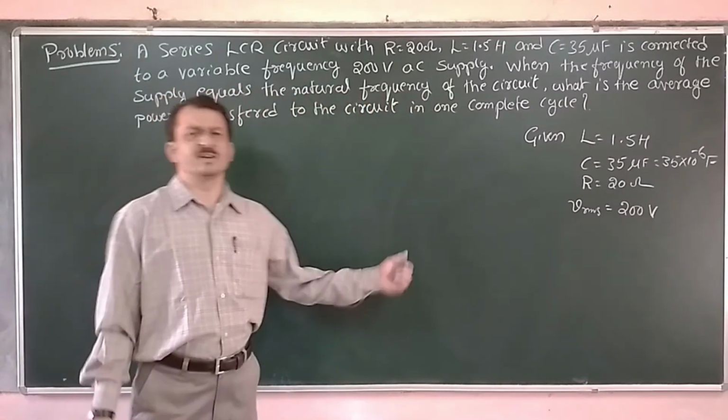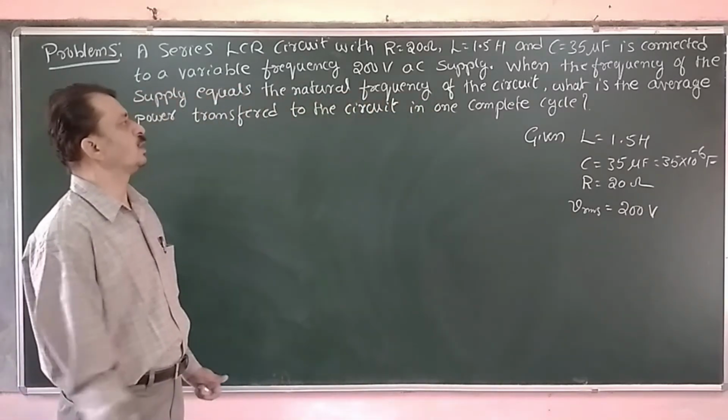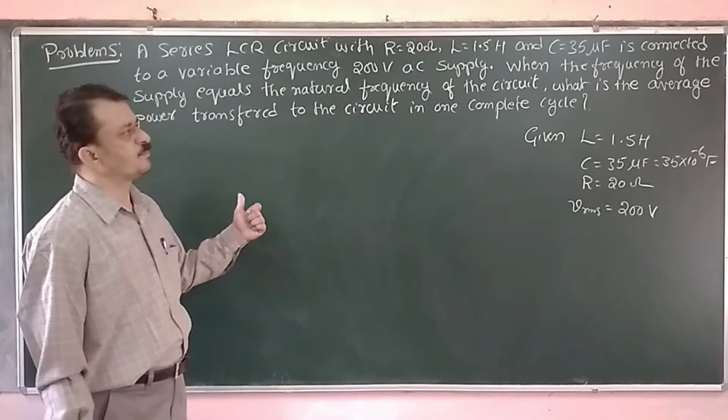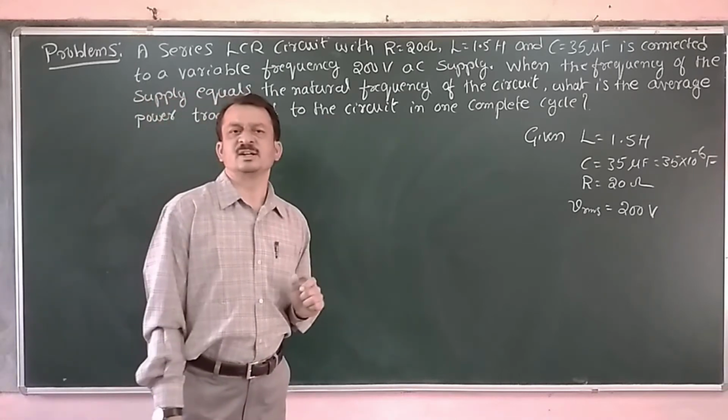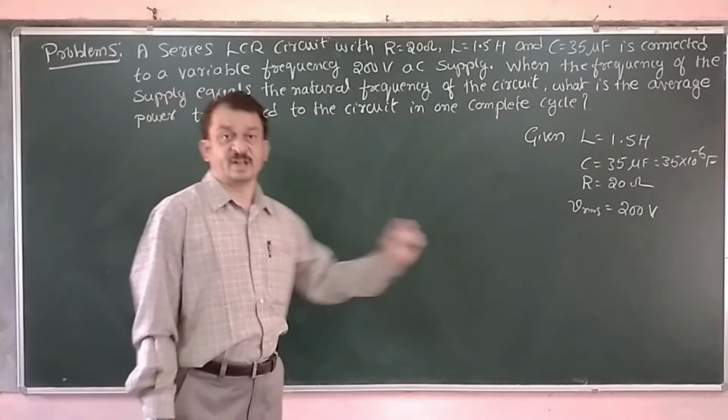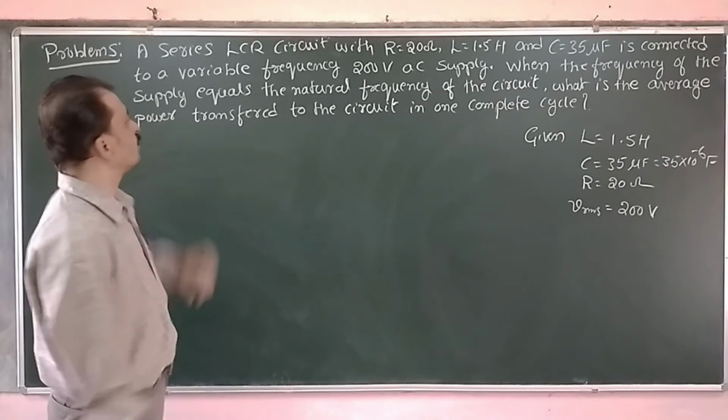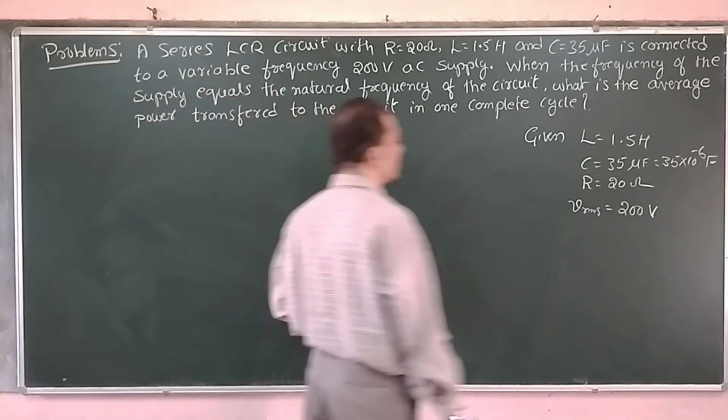Frequency is not constant, frequency is variable. At a particular frequency, when the supply frequency equals the natural frequency, that is the condition of resonance. Now, what is the average power transferred?